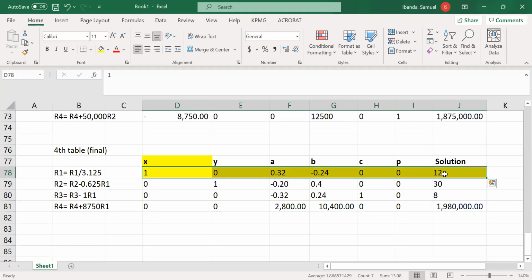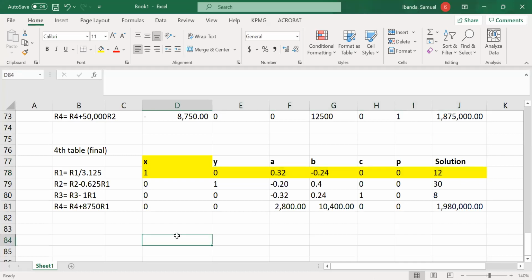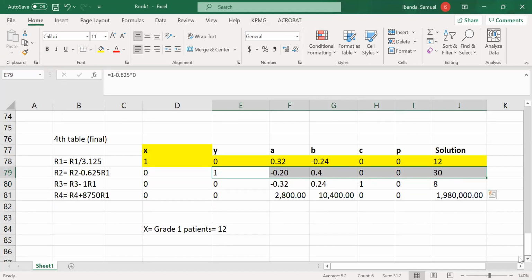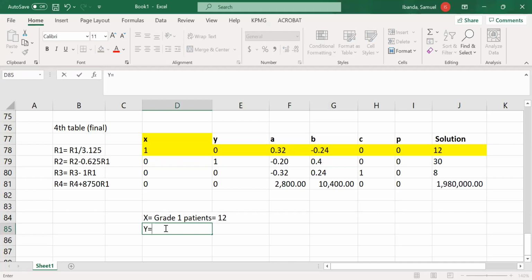So the 12 is actually the value of X. So your X, which were our grade 1 patients, is actually 12. Then let's get Y. Now Y, when you get down here with Y, you can see there is a 1. And then when you move in this other direction, it gives you 30. So your Y, which is basically your grade 2 patients, is basically 30.